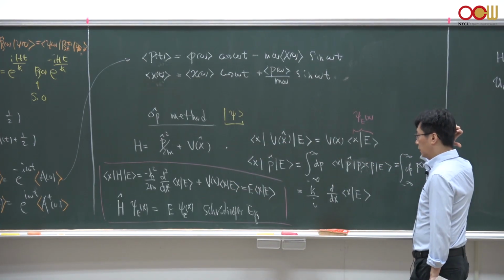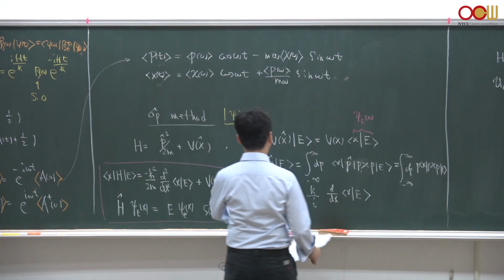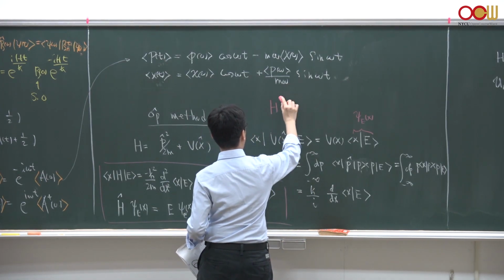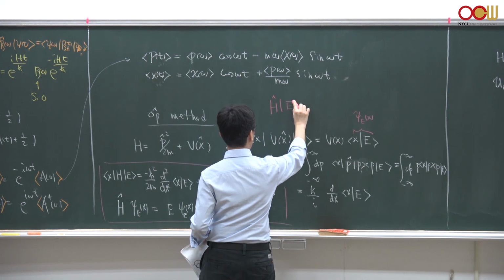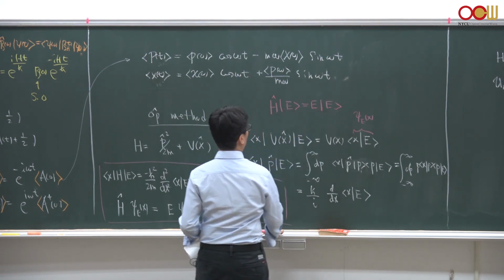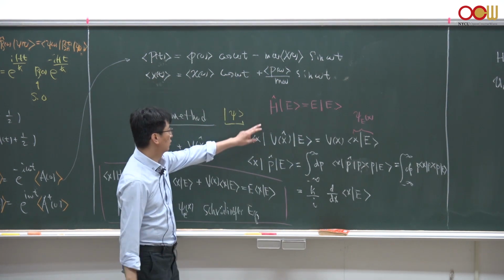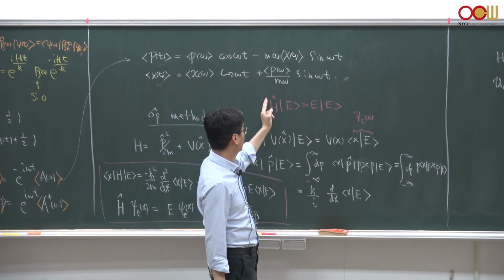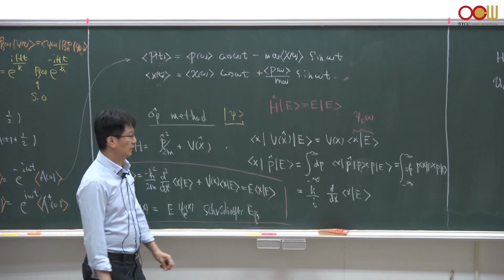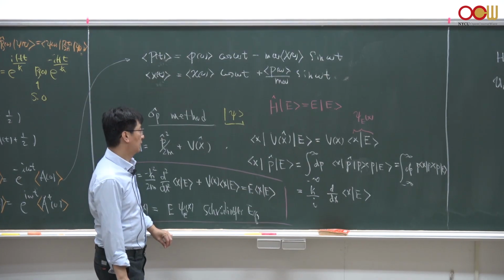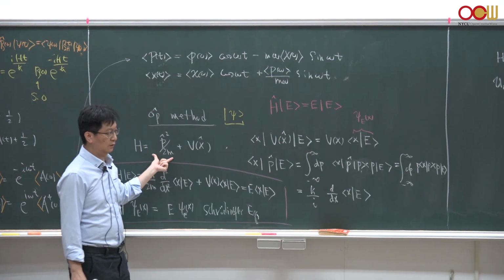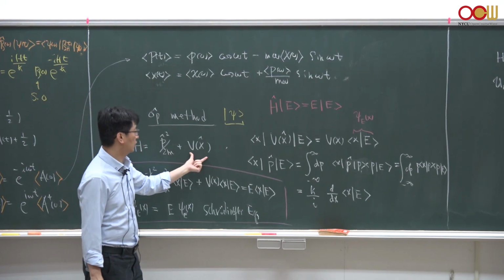we could use the Dirac notation to calculate this energy eigenvalue equation by acting this Hamiltonian operator onto this eigenstate E. But we know that this H is made of this kinetic energy part and potential energy part.